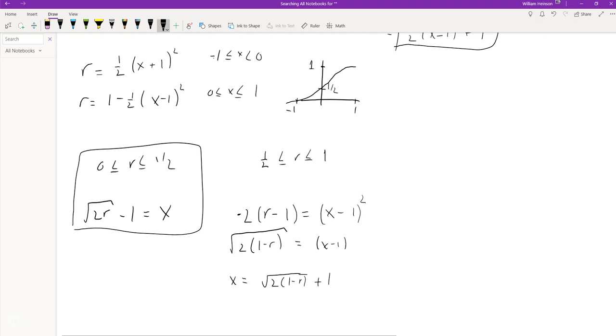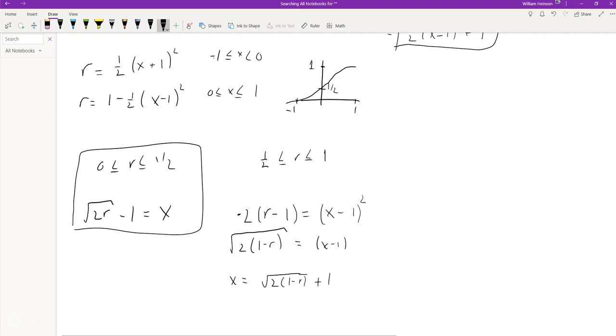Well, let's test it. If I put a half in here, I should get a 0 out. I put a half here, which makes this a half, which makes this whole thing 1. Square root of 1 is 1, plus 1 is 2, so that fails there. If I put 1 here, I get 0, which makes this 1. So it fails here. It works here. So something went wrong.